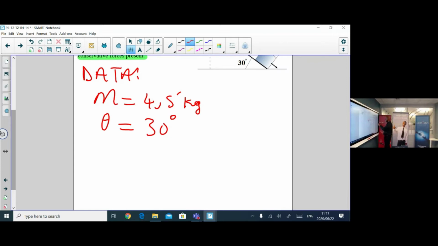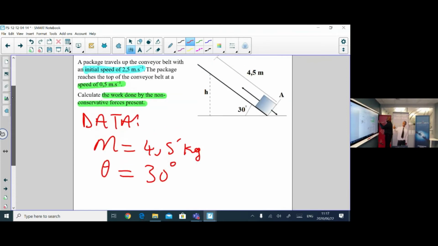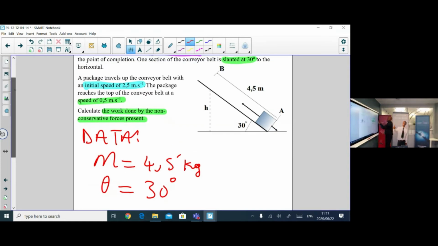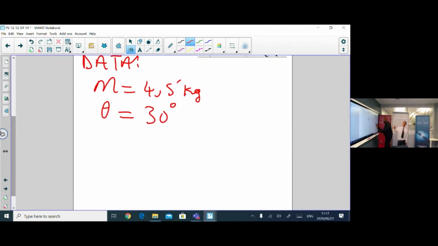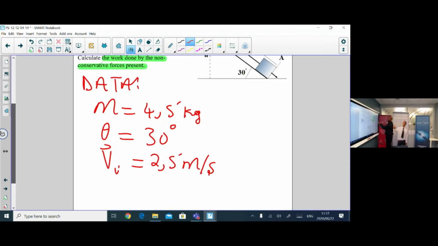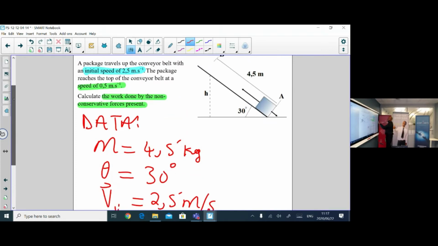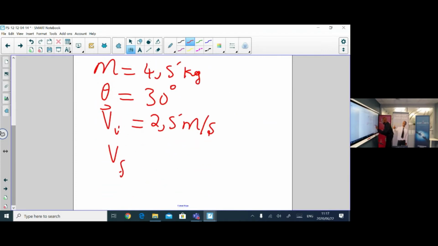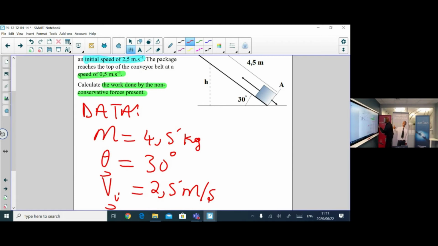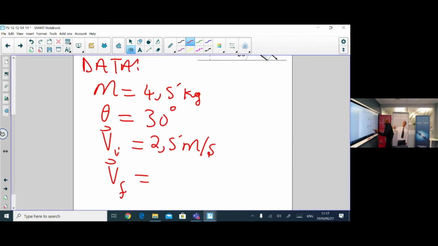And then what else? Initial velocity, 2.5 meters per second. And the other one is final velocity, which is 0.5 meters per second.